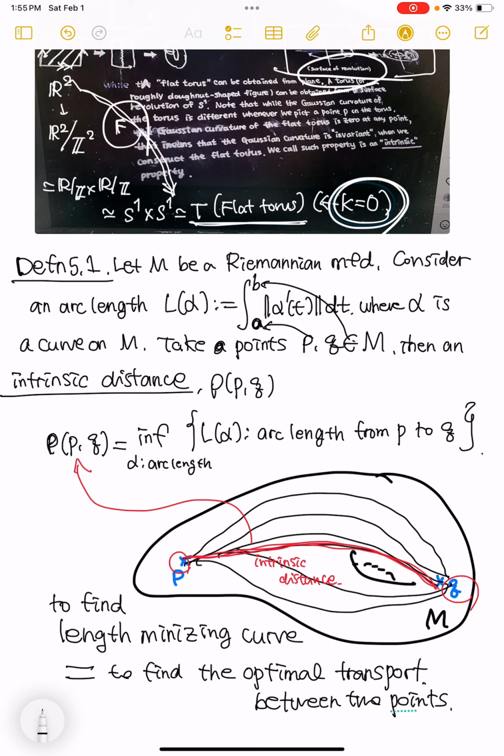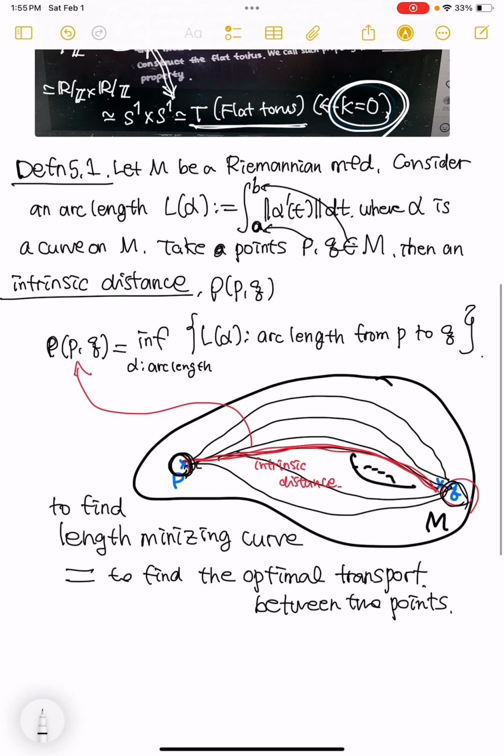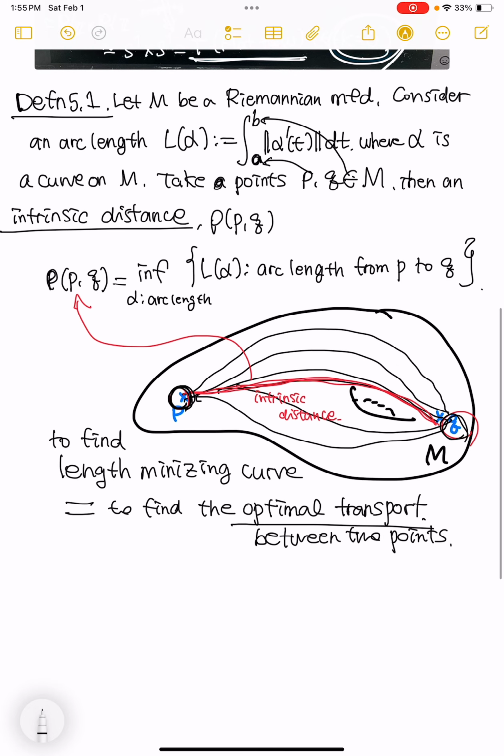If you have a truck and you carry a parcel from P to Q, you will find the shortest path. By doing so, we can save time and energy. Okay, so that is related to the optimal transport problem.